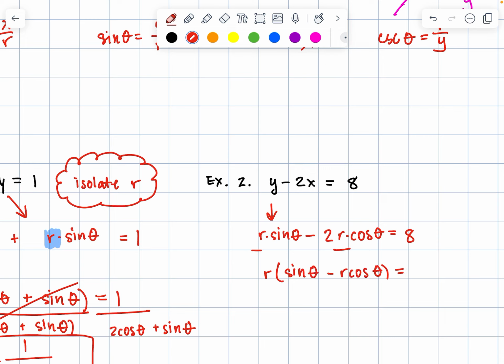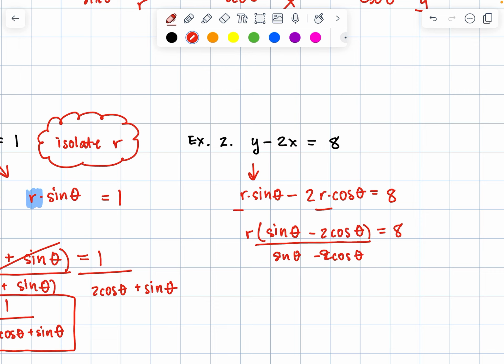Our whole goal is to isolate r, so we divide out the sine theta minus, the r should be gone. There should be a 2. So 2 cosine theta. So divide by sine theta minus 2 cosine theta. r is now equal to 8 divided by sine theta minus 2 cosine theta.